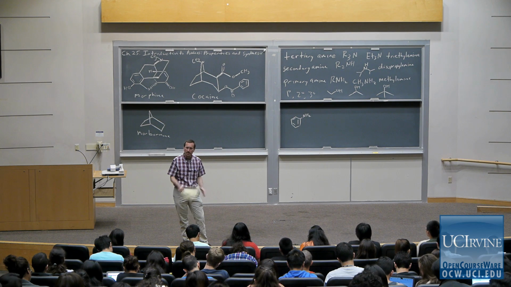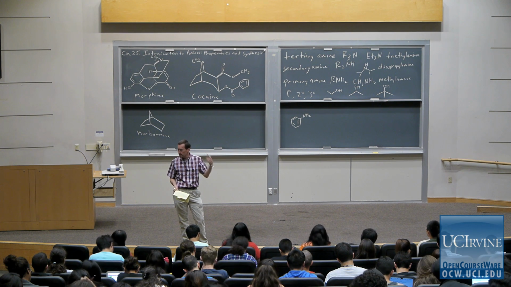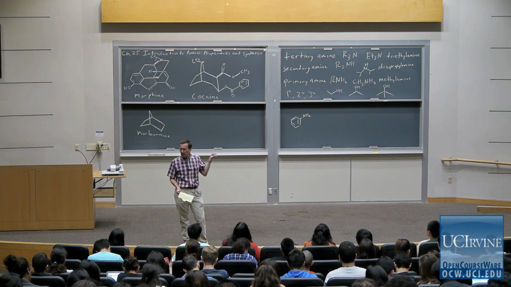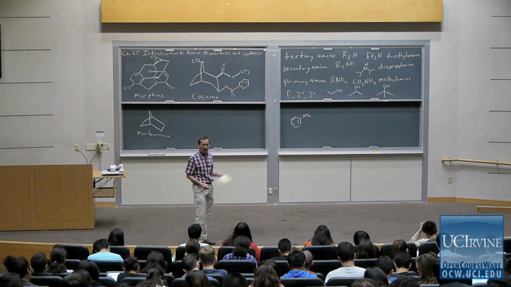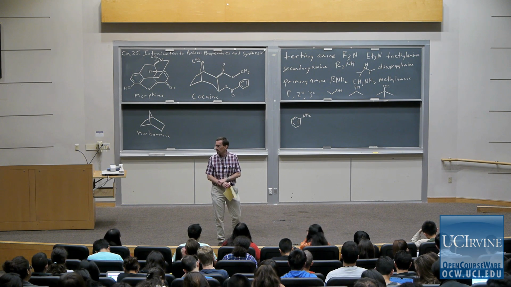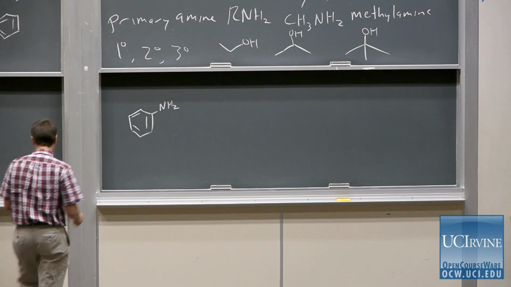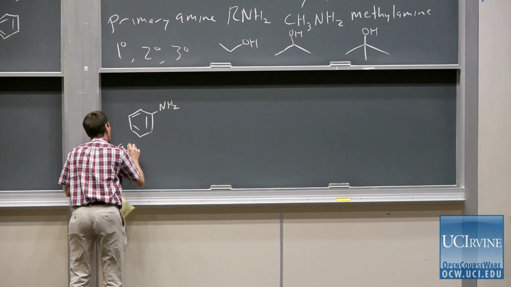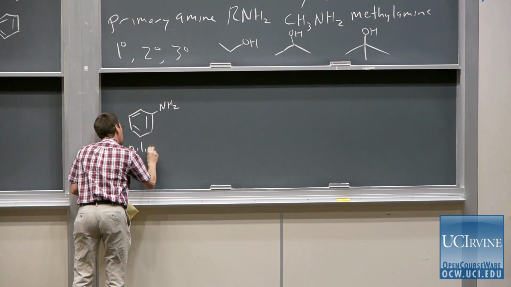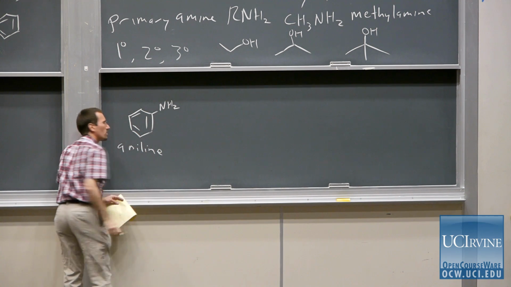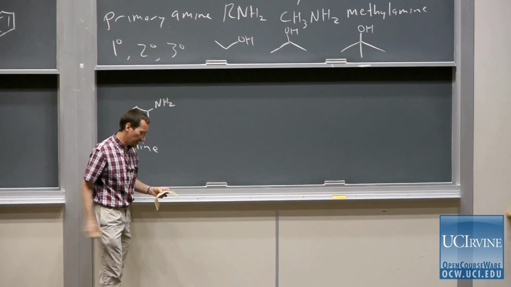In fact, the common names have really gotten wrapped into the systematic names. So no chemist would call that compound phenylamine or aminobenzene. They'd call it aniline. I guess somebody could call it aminobenzene. Certainly, if it's a substituent, you'd call it that. I'll show you that in a second.